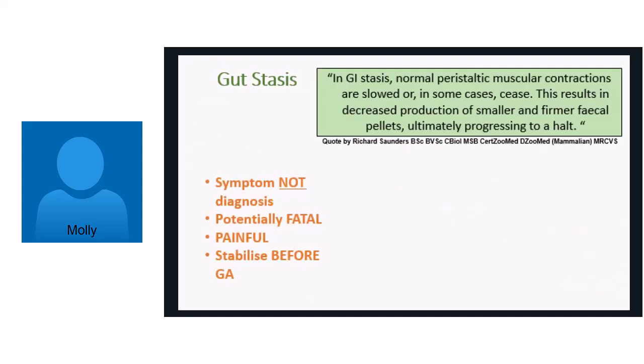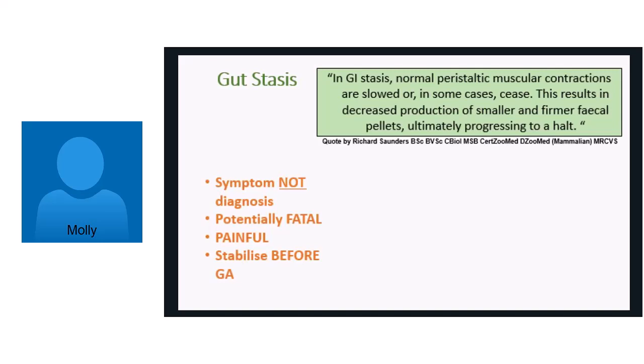So what happens actually when these guts don't work? And I think we can probably already see that there are some quite significant consequences. One of my colleagues, a very well-known vet in the UK, Richard Saunders, coined a definition, if you like, of gut stasis, or a description of it.